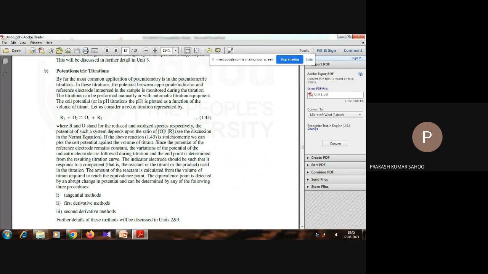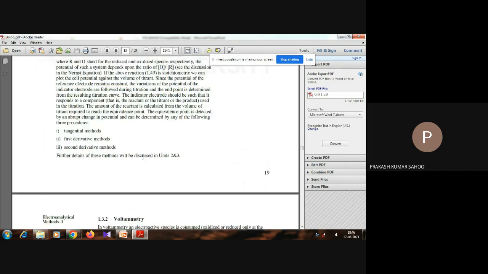The acids are added through a burette, and for every drop of addition, the change in potential is noted, and a graph is plotted between the volume added and the potential, and we find the volume of titrant responsible for the maximum potential. This will be the potentiometry graph.